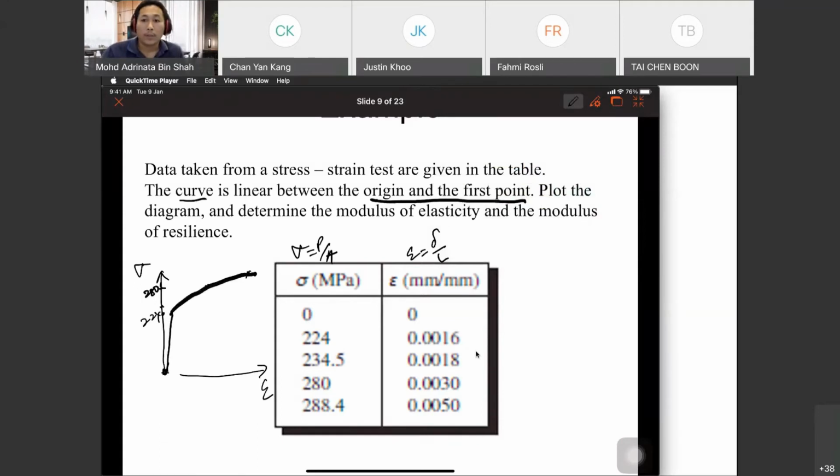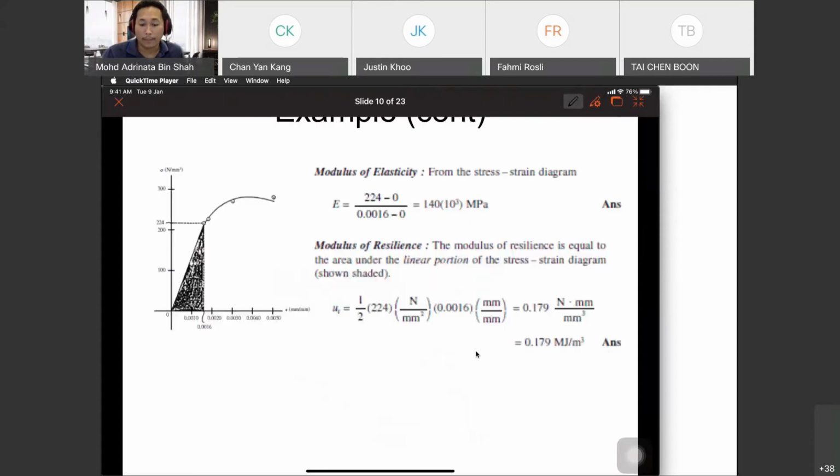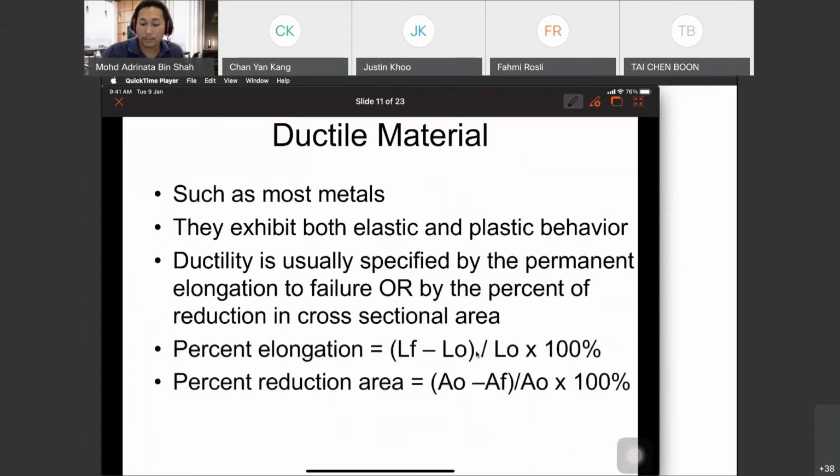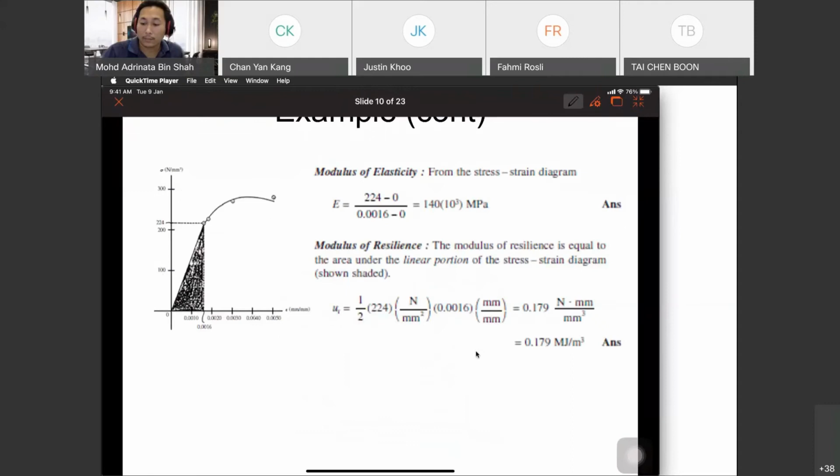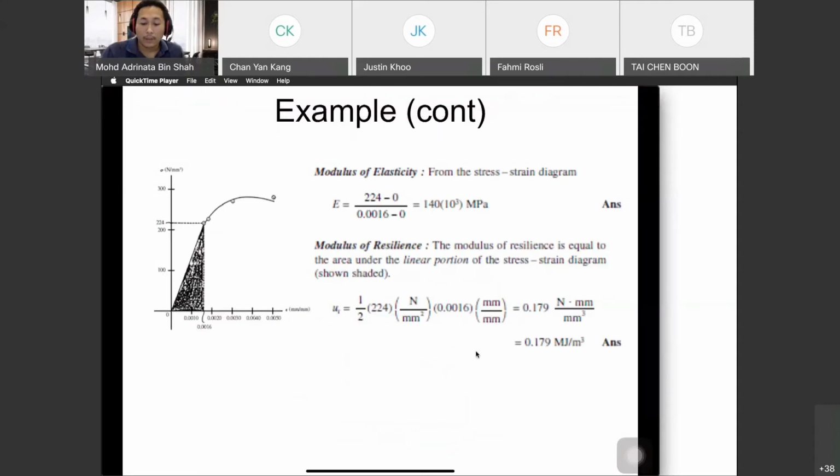Okay, so that is what happened when we run our experiment. Okay, so we draw our stress and strain diagram. So we plot our graph, and then the question is modulus of elasticity.